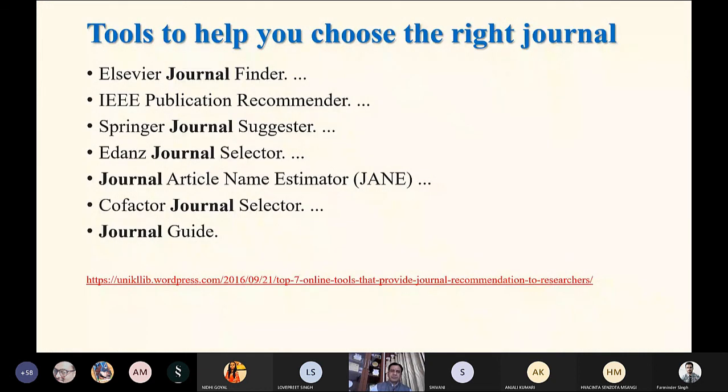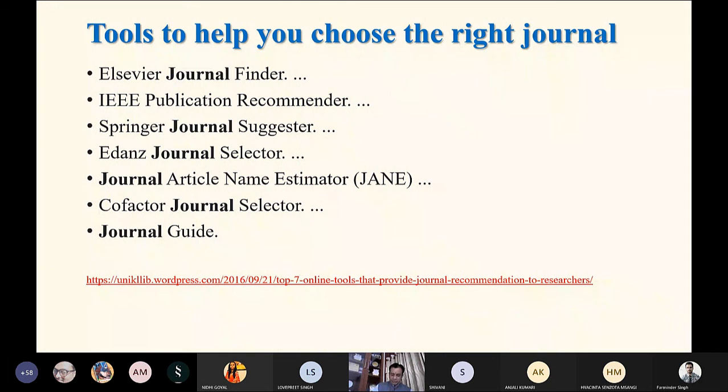So these are the different tools that we can use in order to select the right journal for publication. Elsevier has an Elsevier journal finder, and there are Springer journals too.